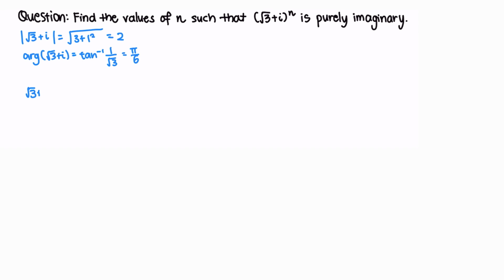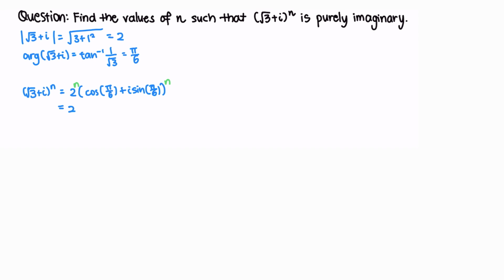So, root 3 plus i will be equal to 2 cosine pi over 6 plus i sine pi over 6. Oh wait, this is just root 3 plus i, so we need to do to the power of n. So if we take this to the power of n, we'll get this and this.